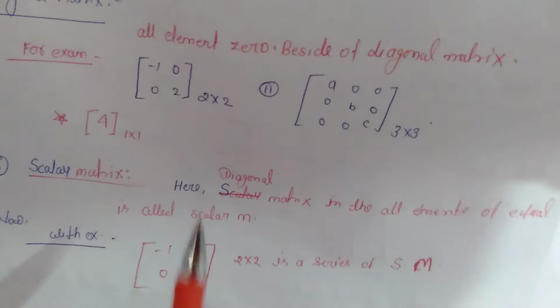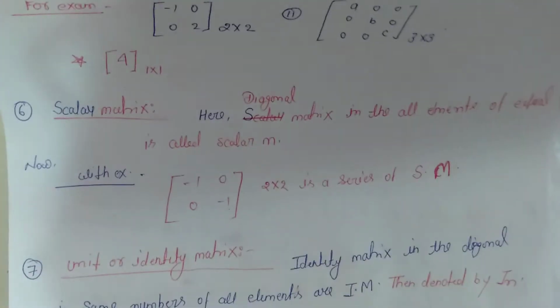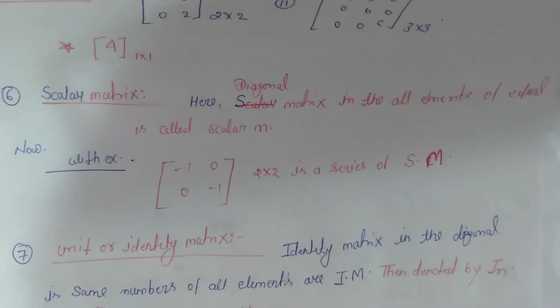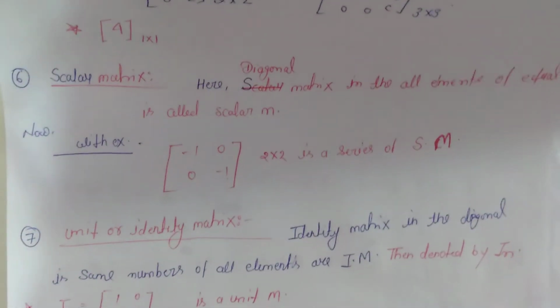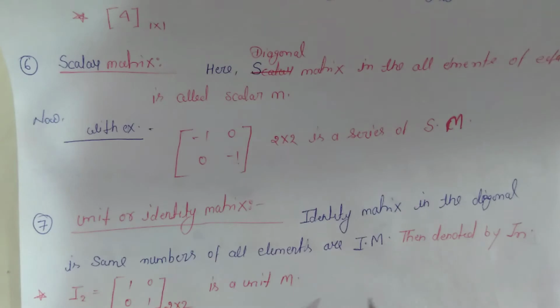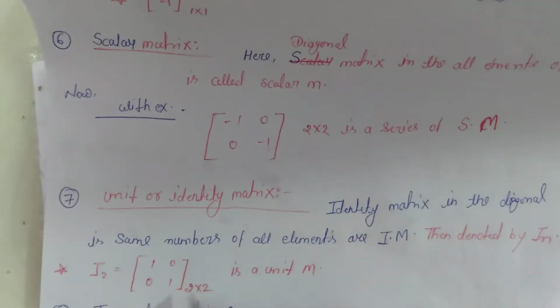And next, the unit or identity matrix. What is the unit or identity matrix? Unit and identity are the same name. In an identity matrix, the diagonal elements are all the same, and it is denoted by In, where n is the order. So I2 will be 1 0, 0 1.